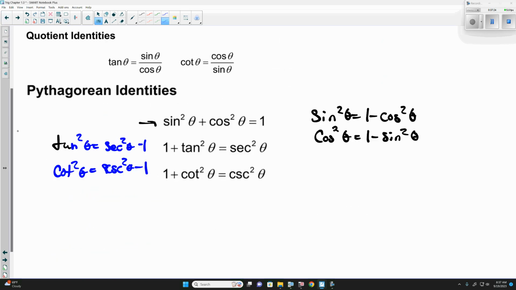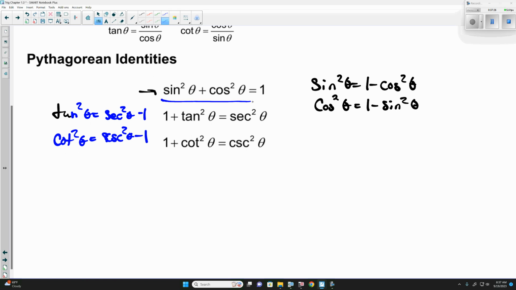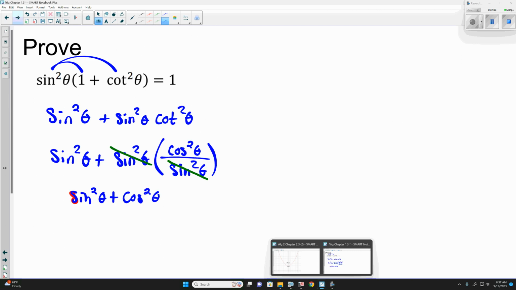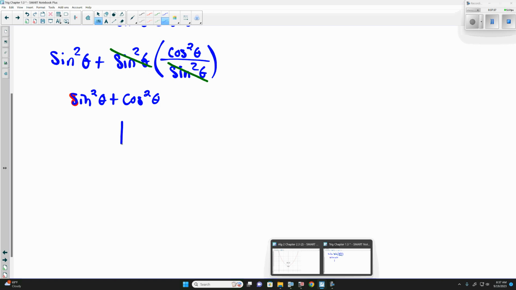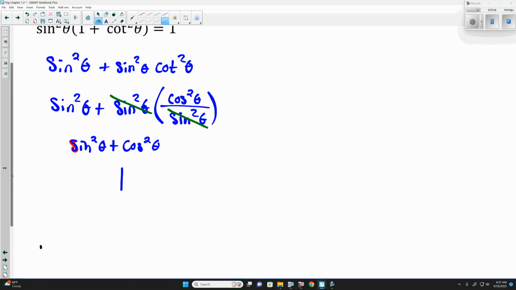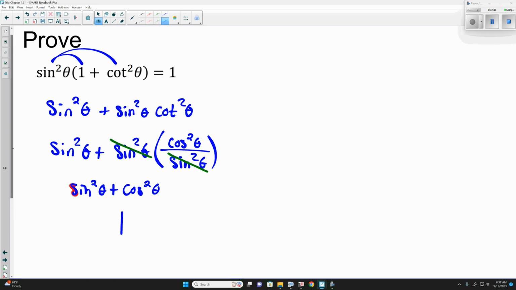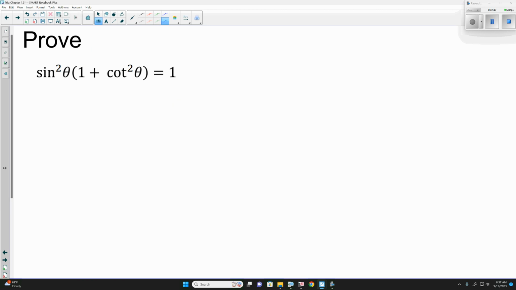And by one of our Pythagorean identities, sine squared plus cosine squared is 1. So this whole side is 1. Questions on this here? Erase all that.